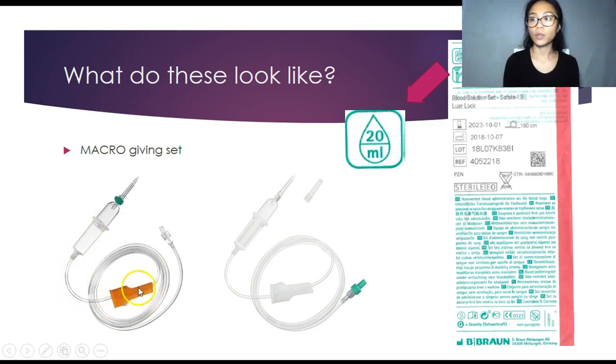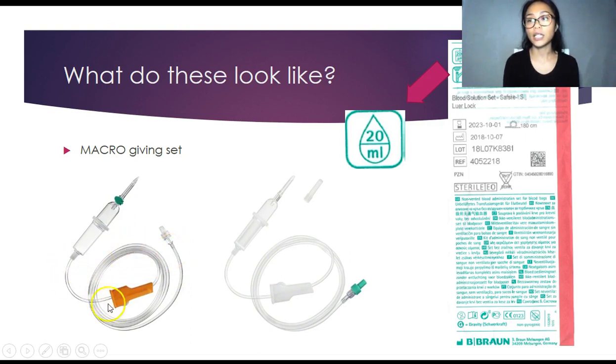This part is the roller clamp, and so as you release or open the roller clamp, it speeds up the rate. As you close it with your thumb, it will slow it down or completely stop the rate. It's how you regulate the rate of infusion. Now, filling this line with fluid by slowly releasing the roller clamp is described as priming the giving set.